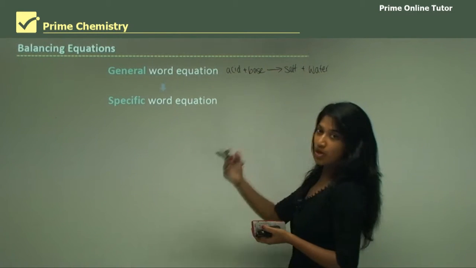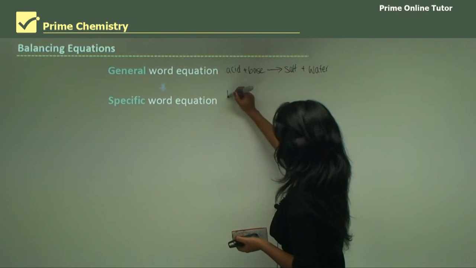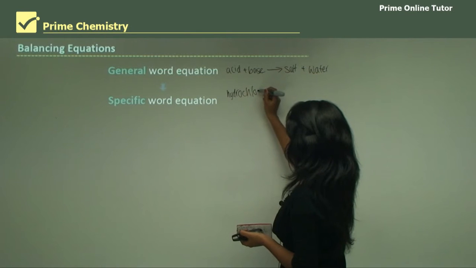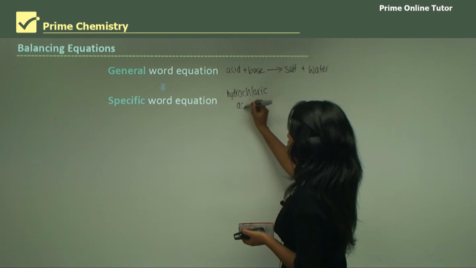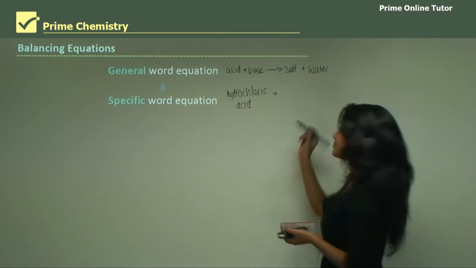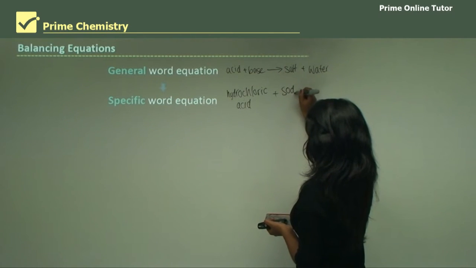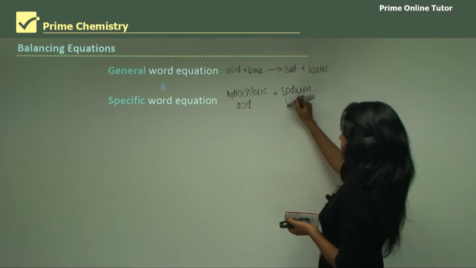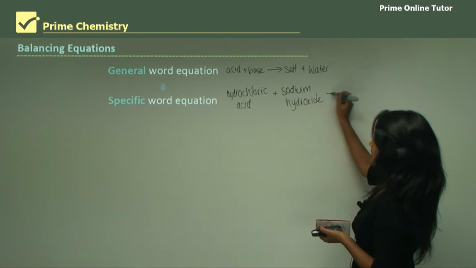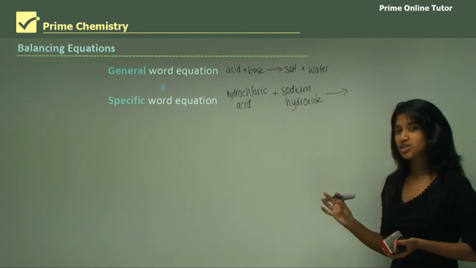We'll take hydrochloric acid as our acid, which will be reacting with a base. We'll take sodium hydroxide. When those two react, they form a salt. And how to work this salt out?